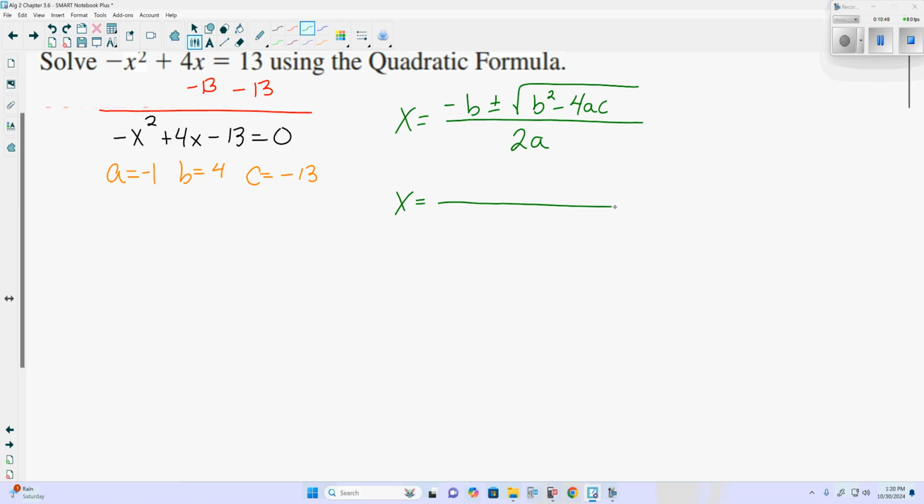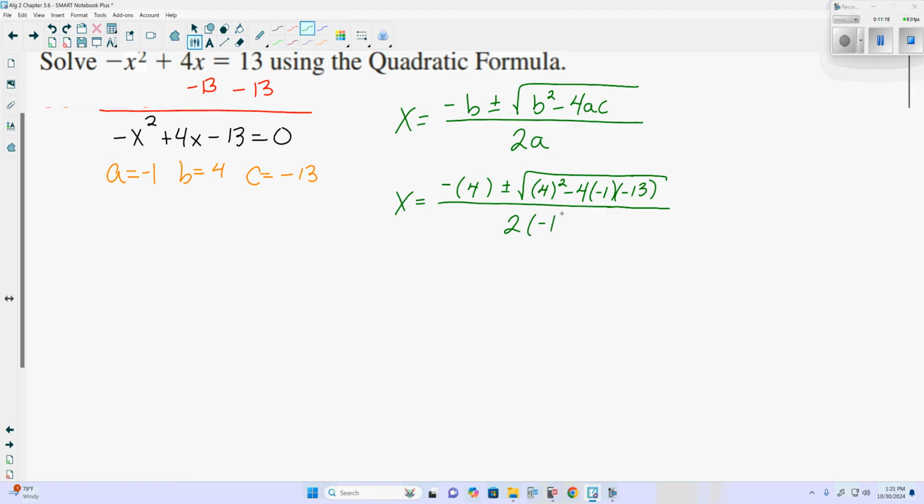X is equal to -b plus or minus square root of b squared minus 4ac all over 2a. So, negative, our b value is 4, plus or minus square root of b squared, so 4 squared, minus 4 times our a value, which is -1, times our c value, which is -13.